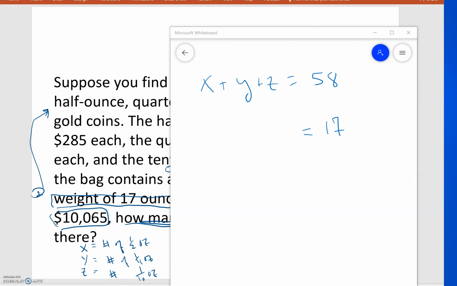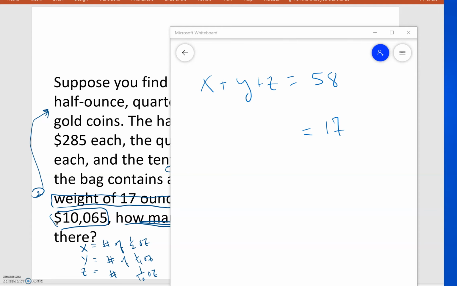We've got a total weight of 17 ounces, and then over here I need to have the weight of the half ounce plus the weight of the quarter ounce plus the weight of the tenth ounce. Now it's not just half plus a quarter plus a tenth, right? It's the weight of each individual coin times the number of coins.